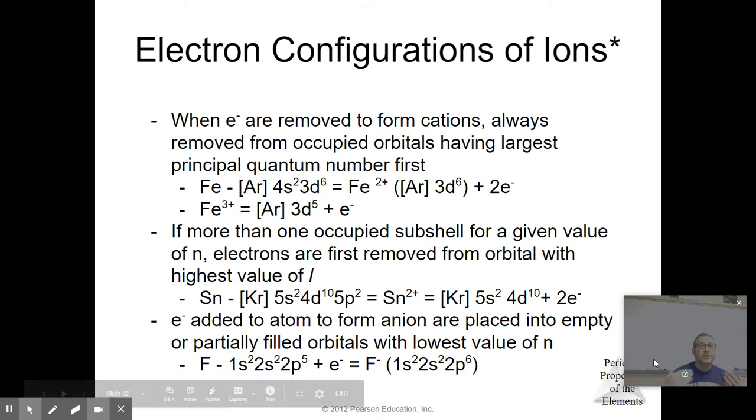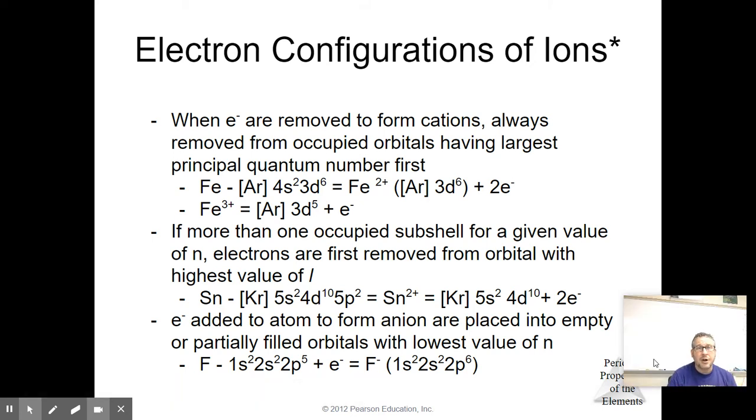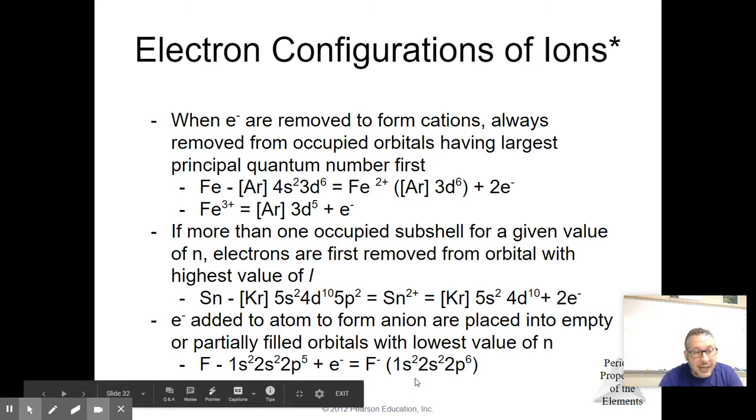If we were to add an electron, the only place that we can add an electron that isn't filled is the 2p orbital, because p orbitals can hold 6 electrons. The 1s orbital is already filled, the 2s orbital is already filled, and the 2p is all I've got.